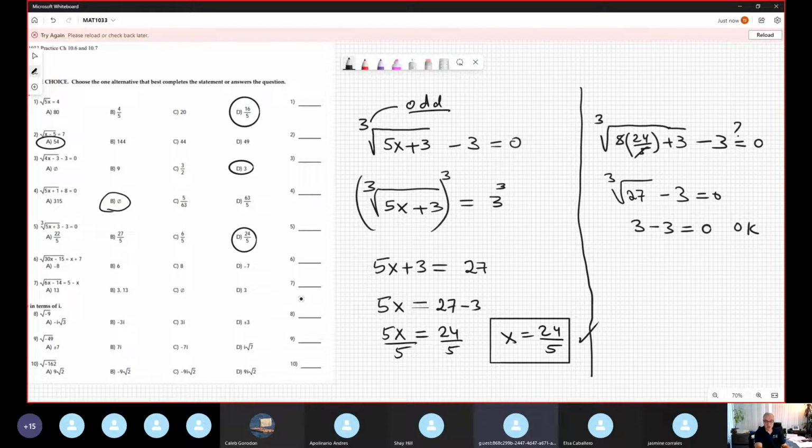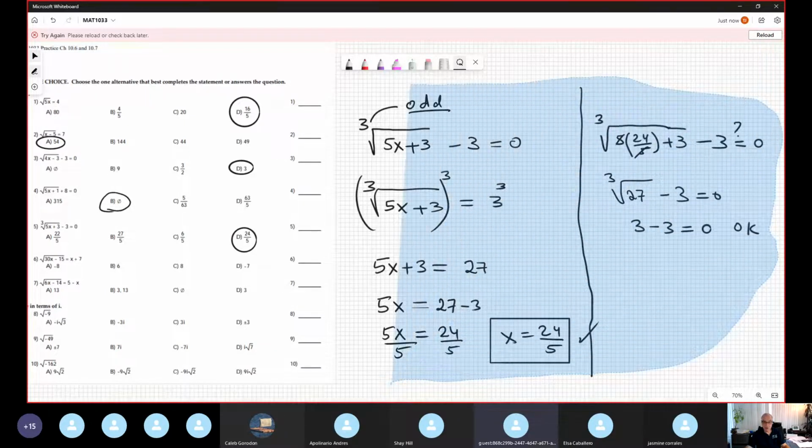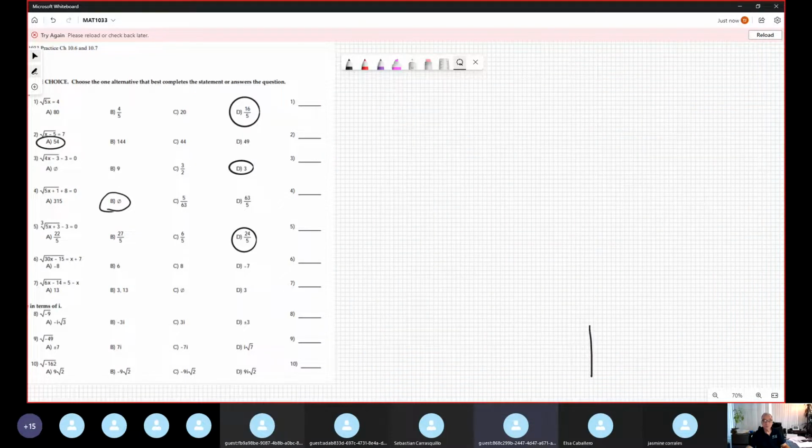The radical is gone, and you have linear equation or quadratic equation, I don't know, and you solve that. But I know that when it's odd, you don't need to check it. So you don't check it. Not necessary. Okay, cool.